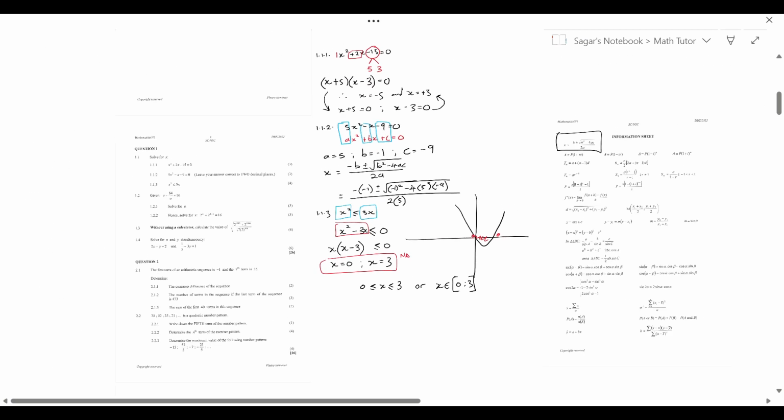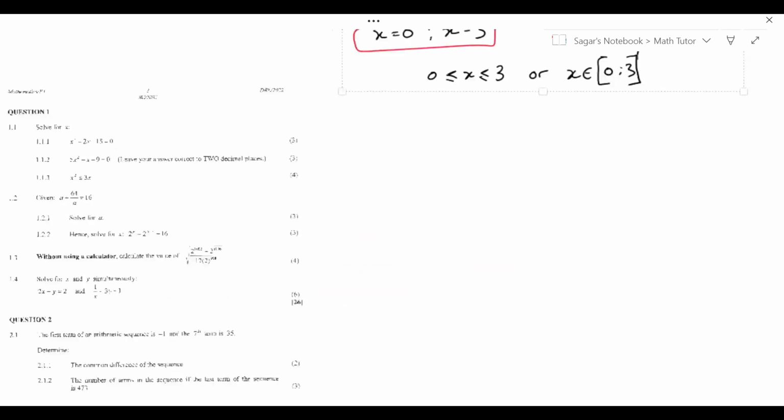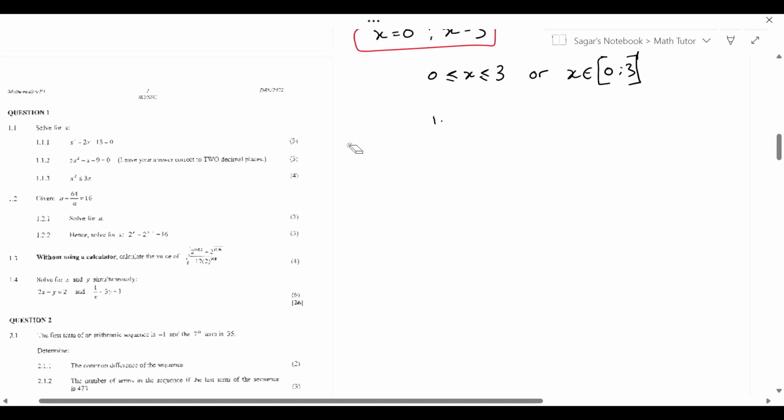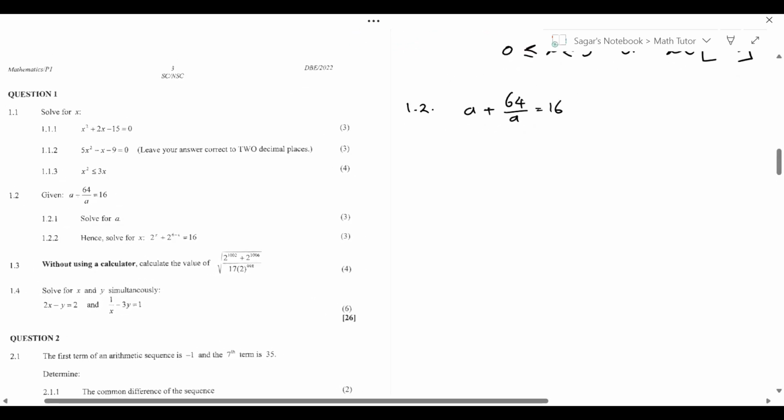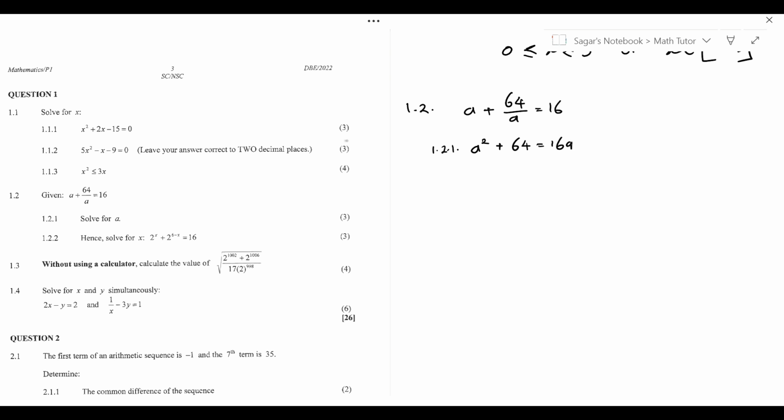Let's move on to 1.2. A plus 64 all over A equals 16. And then 1.2.1 wants us to solve. I see this as a quadratic equation, so I am going to multiply everything by A. So A squared plus 64 equals 16A.